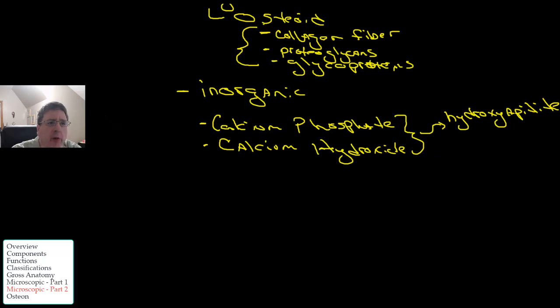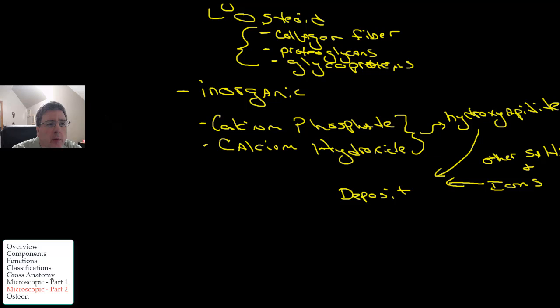And what happens here is this combines with other salts. Okay, it's not just those, but we have other salts and ions. So those basically come together and will deposit on the collagen fibers. Okay, so these are the collagen fibers that come from here.